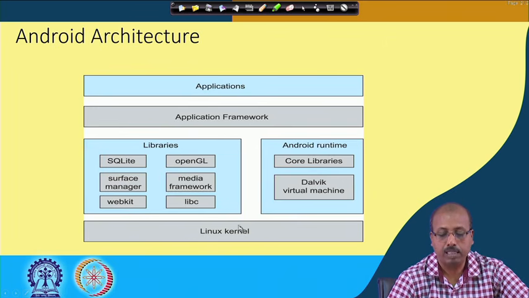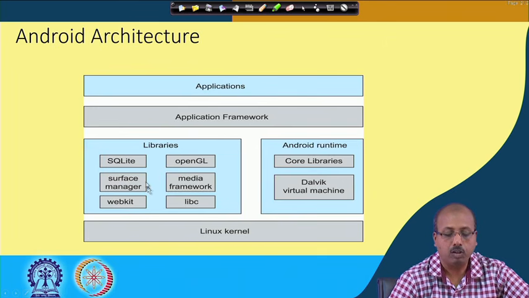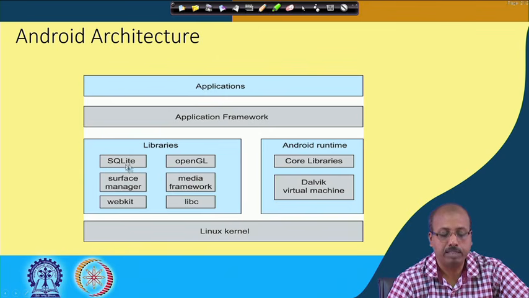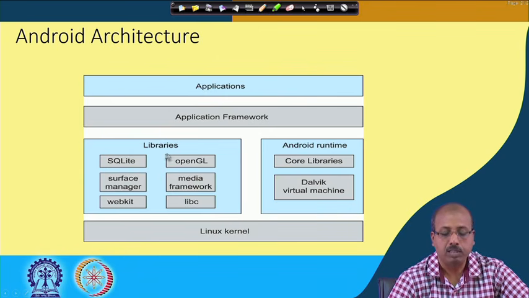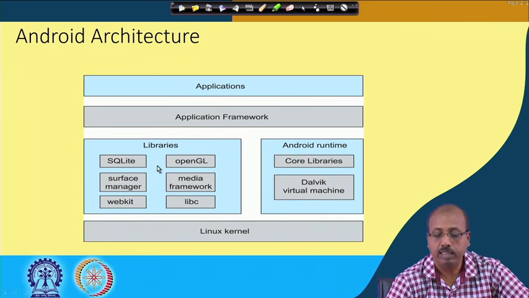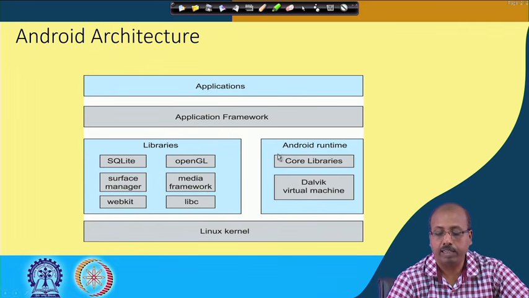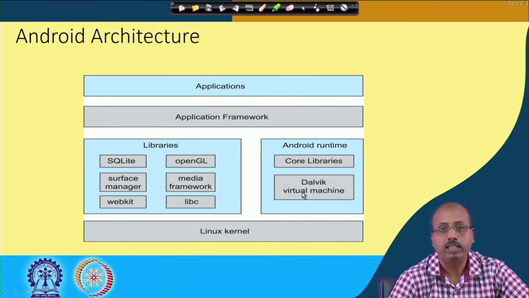This is the Android architecture. At the lowest level we have the Linux kernel. On top of that we have a set of libraries: SQLite, OpenGL, Surface Manager, Media framework, WebKit and libc. These are mechanisms by which you can handle database, graphics and multimedia. On the other hand, for the Android runtime we have core libraries and the Dalvik virtual machine, which virtualizes whatever the underlying hardware is.